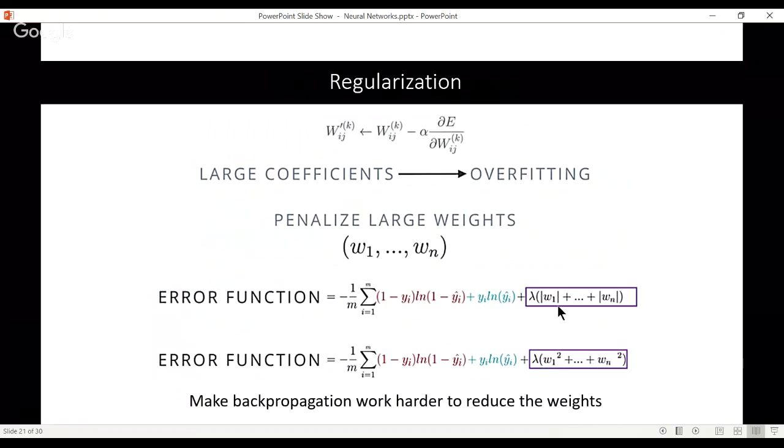If increasing the weights is increasing the error, this sends the signal to your minimization function that increasing weights is increasing error, so you need to reduce your weights. This way the high weights that are causing overfitting can be reduced. So backpropagation works to reduce the weights even more. So that's one way of reducing overfitting.